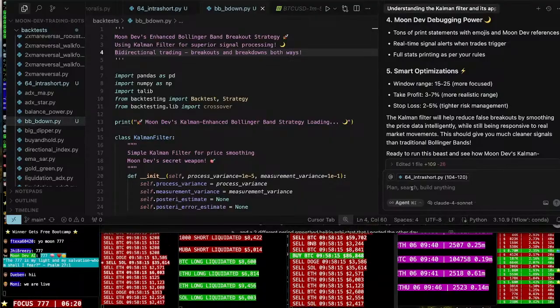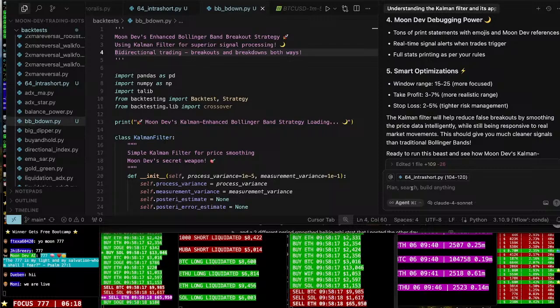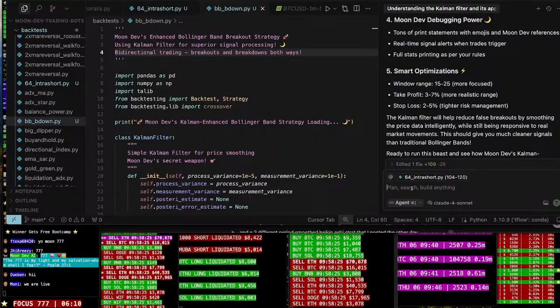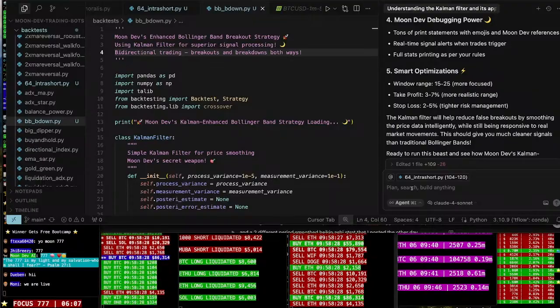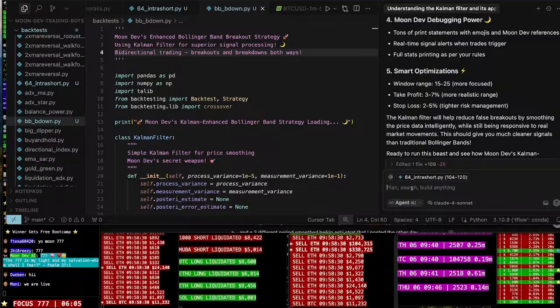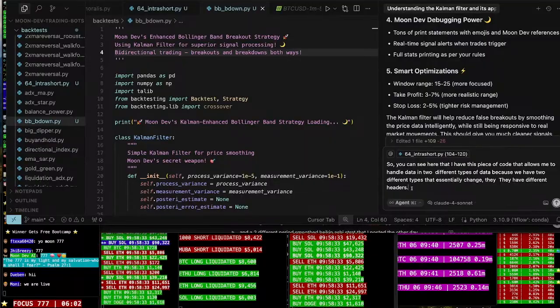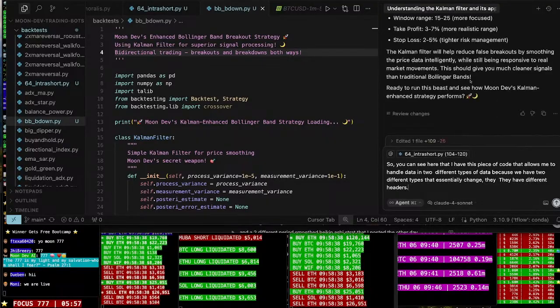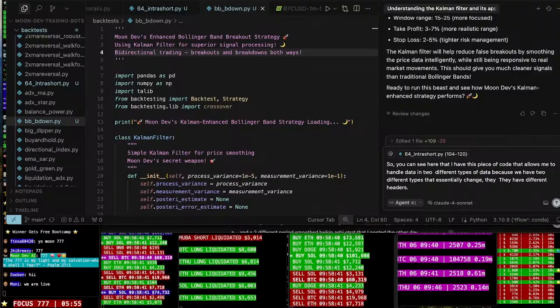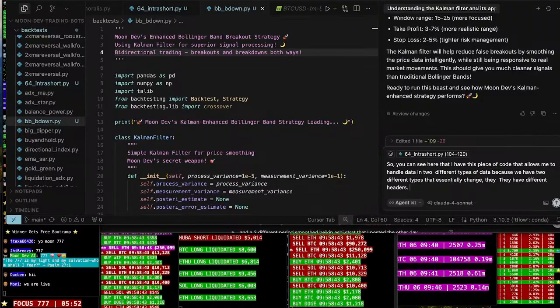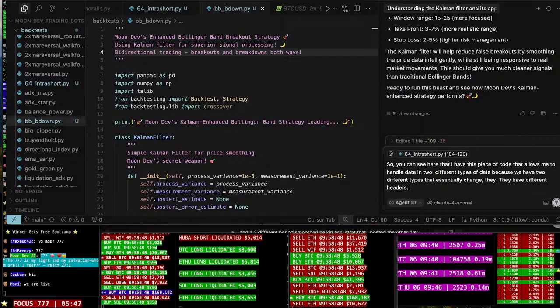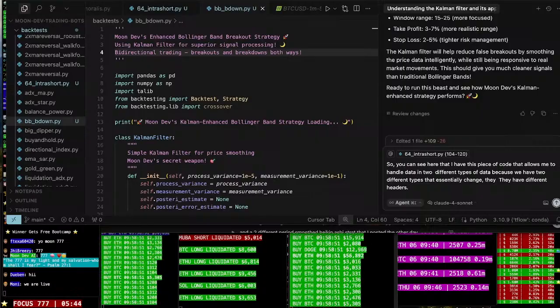So you can see here that I have this piece of code that allows me to handle two different types of data, because we have two different data types that have different headers. Please go ahead and implement this type of data code into this. Thank you.